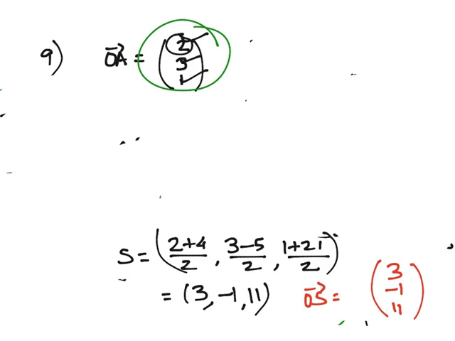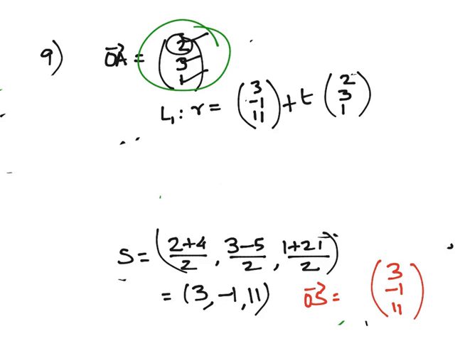That means L1 is r equals 3, minus 1, 11, since it passes through S, plus, let me use a variable, let's say t, times 2, 3 and 1.